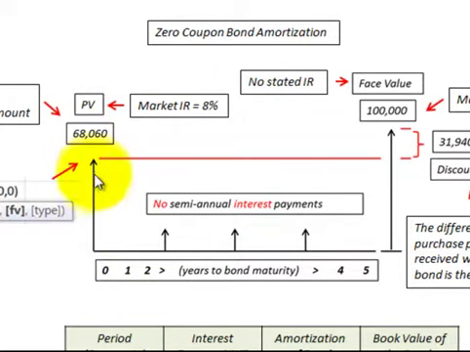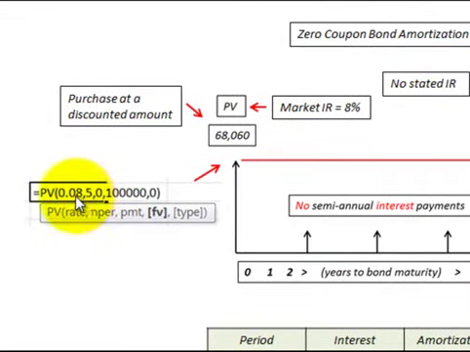the bond. Now, in this case, I used the market rate of interest of 8%, and it had a 5-year term, and there were no payments on it, but it had a $100,000 face value. And then using this Excel function, I determine its present value or its purchase price to be $68,060.